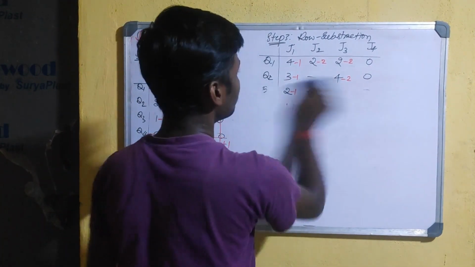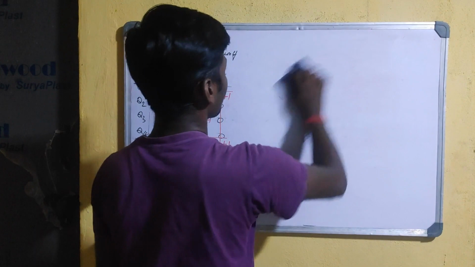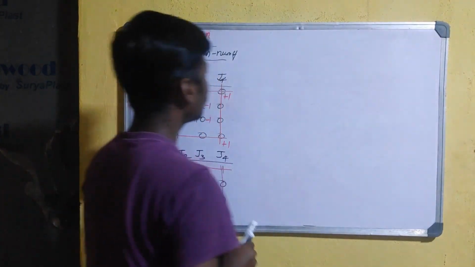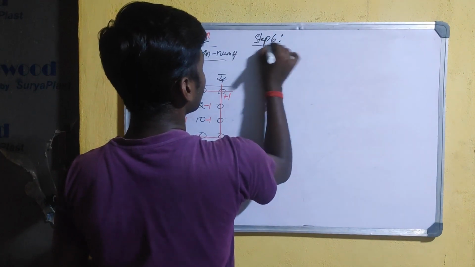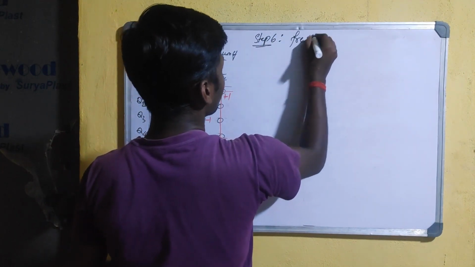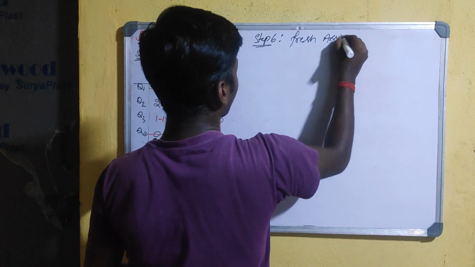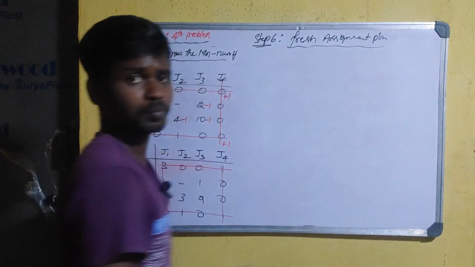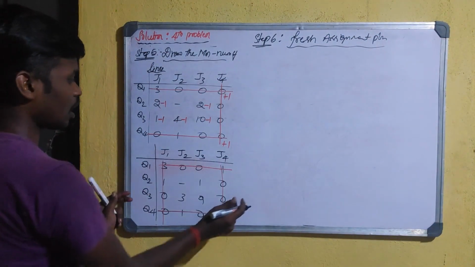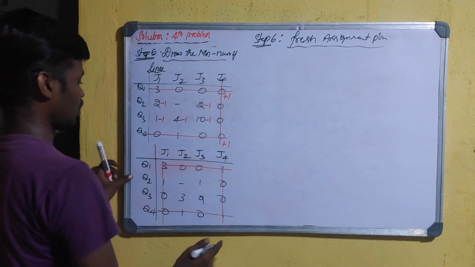What is the sixth step? So we have to write down the fresh assignment problem, right? See, I am going to consider this table.